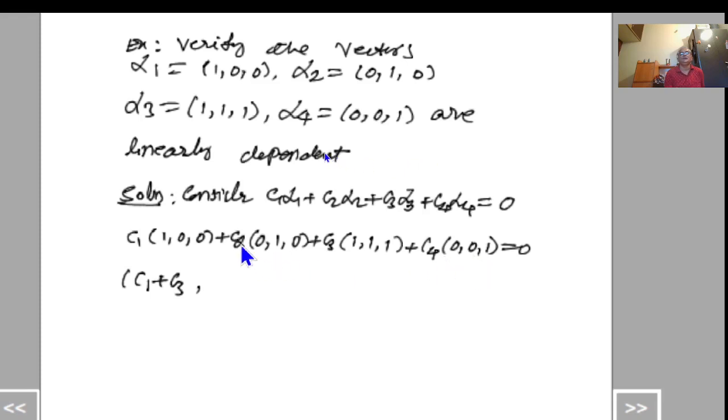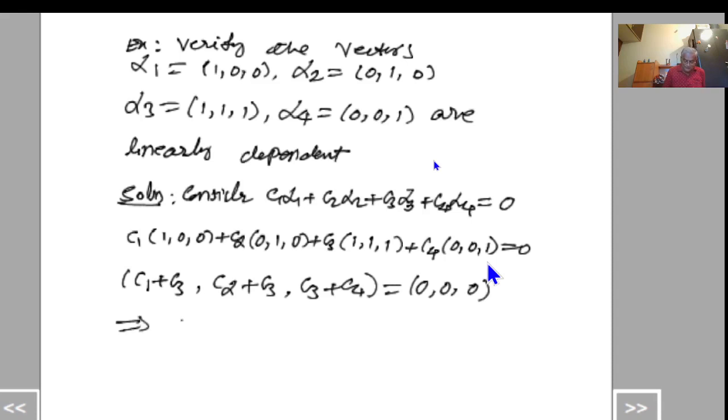This is the second term. Third term: C1 into 0 is 0, plus C2 into 0 is 0, plus C3 into 1 is C3, plus C4 into 1 is C4, is equal to 0, that is (0, 0, 0).